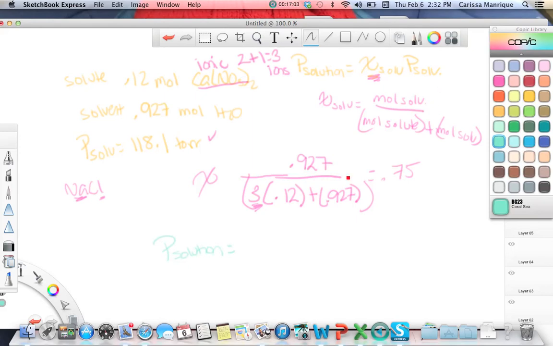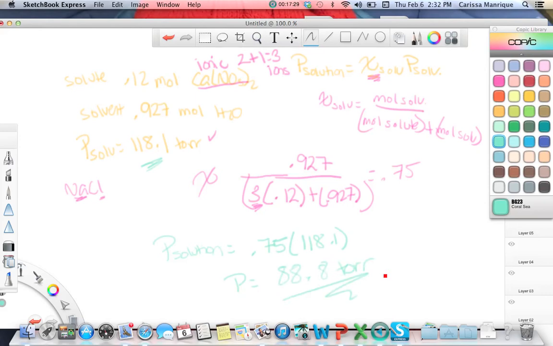Before, I had 100% water. Now I only have 75% water. Now I need to multiply it by the vapor pressure of the pure water, which is 118 from right here. Since I only have 75% water instead of 100%, what is my new vapor pressure? You multiply that out and you get 88.8 torr.